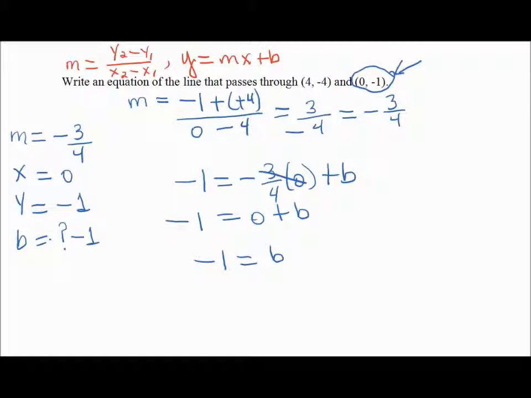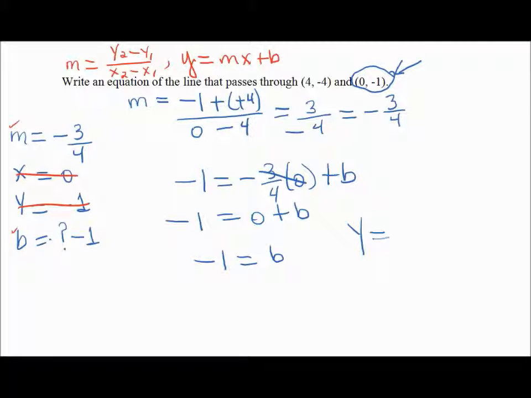So now once I have that, I no longer need the x and the y value. I've already figured out what the y-intercept is. That's all I need. I need my slope and I need my y-intercept in order to write my equation, and I have that information.